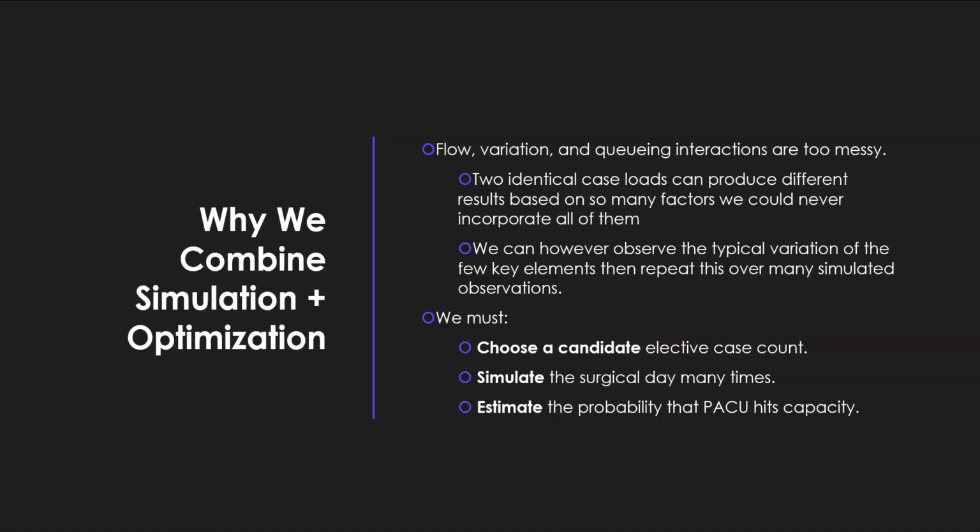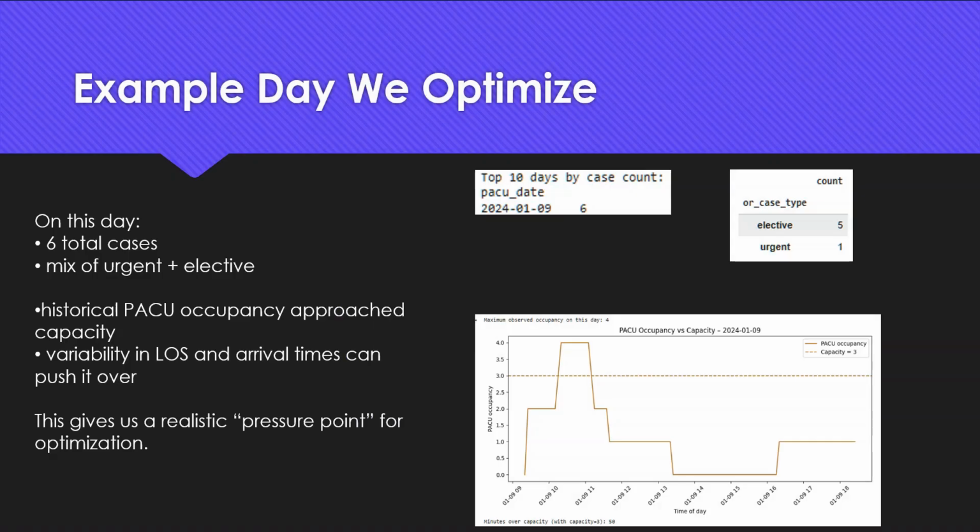So what we're going to do is choose a candidate elective case count arbitrarily. We will simulate the surgical day many times with that choice, and then estimate the probability that the PACU hits capacity under that elective case count.